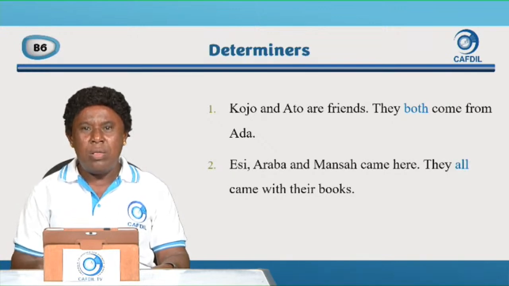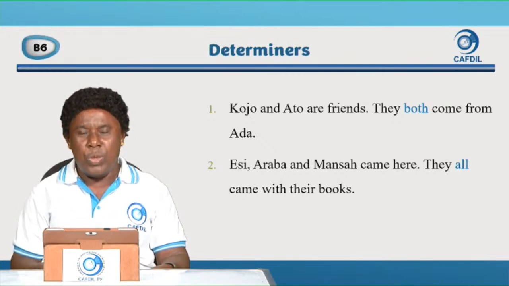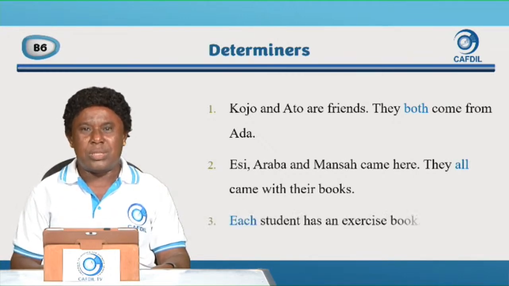They all came with their books. Since there are more than one and two, we say they all came with their books. Esi, Araba, and Mansa came here, and they all came with their books. Good.